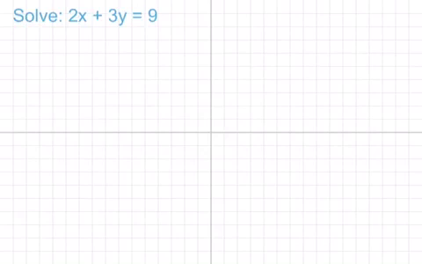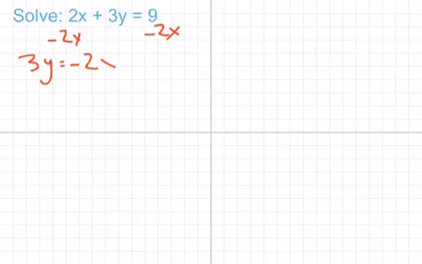Okay, so I'm assuming you wrote down all the rules and all the steps. Let's get into it. Our first step, like you just wrote down, is to change it into slope-intercept form. So let's go ahead and subtract this 2x on both sides. We'll get 3y equals negative 2x plus 9.